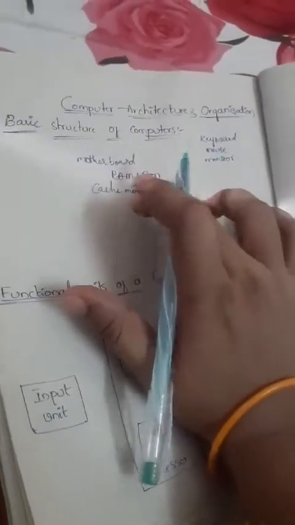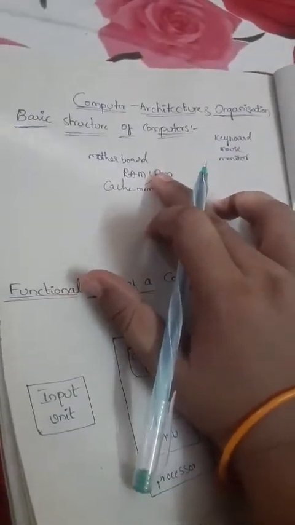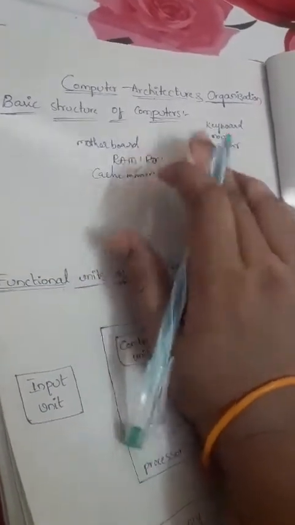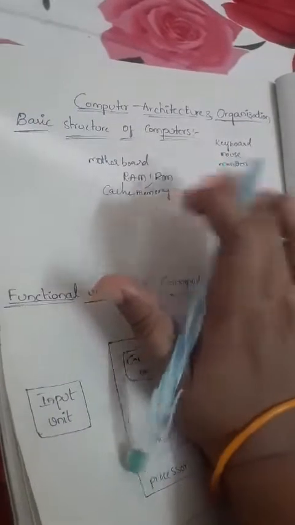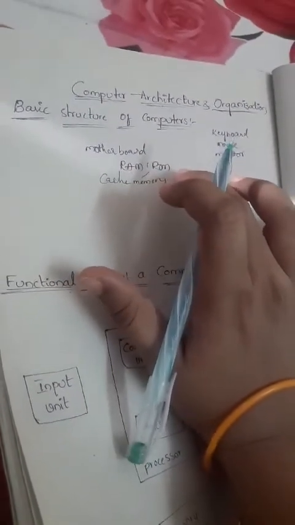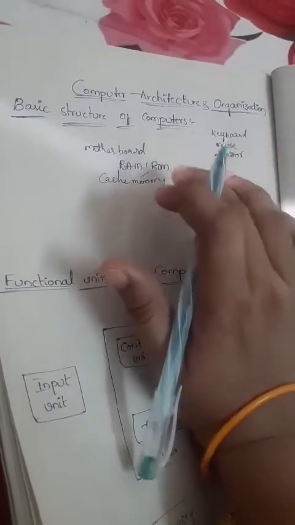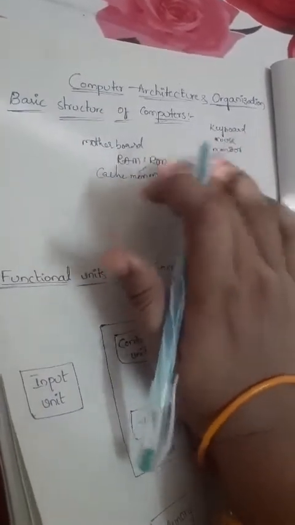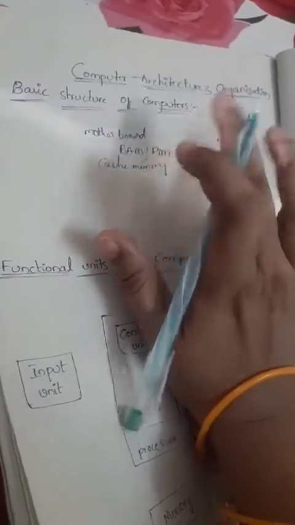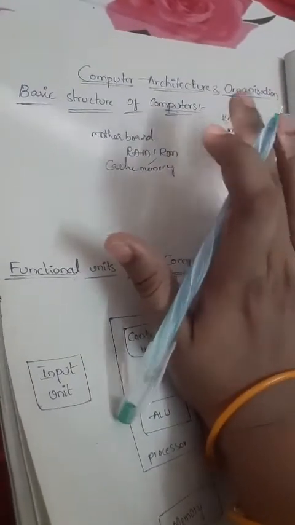All these are the internal parts of the computer. That means whatever is present inside the cabinet, inside the system, is called the internal parts of the computer. That is computer organization and architecture.